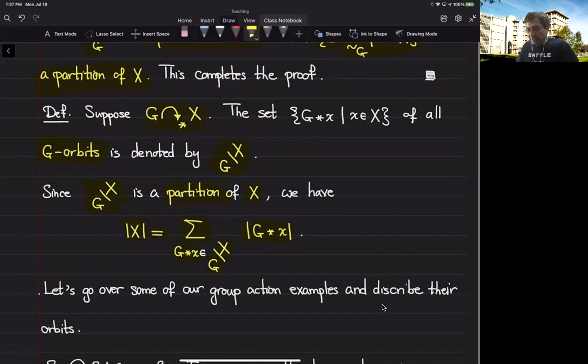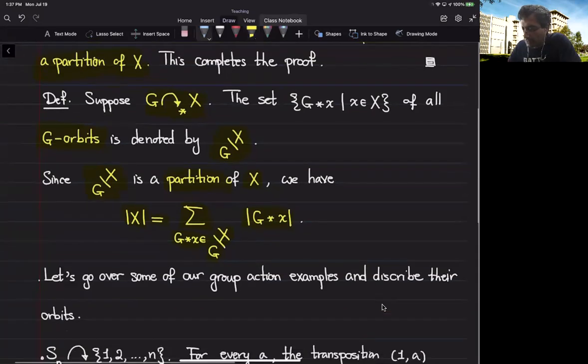This is an important equality that we will be using again and again in this course. So the cardinality of X is equal to the summation of the cardinality of the orbits. So the size of X is the same as the sum of the cardinality of the G-orbits.